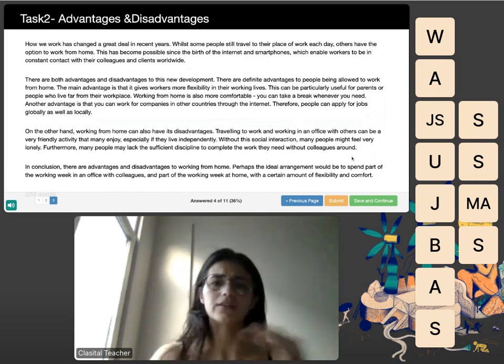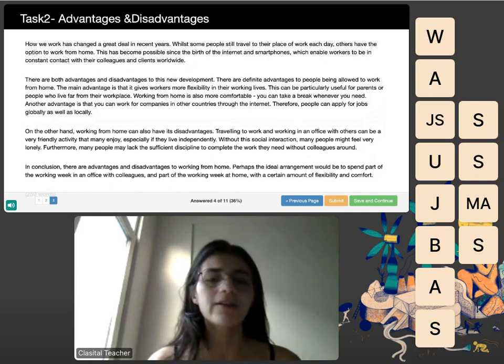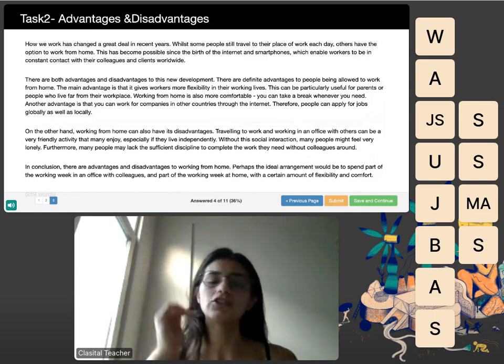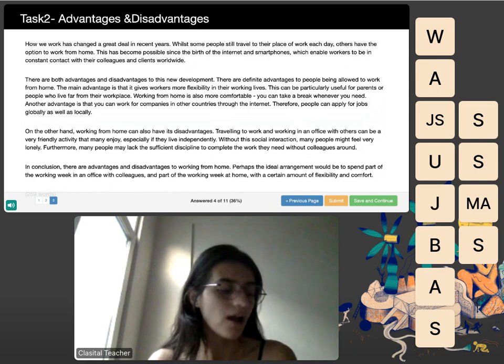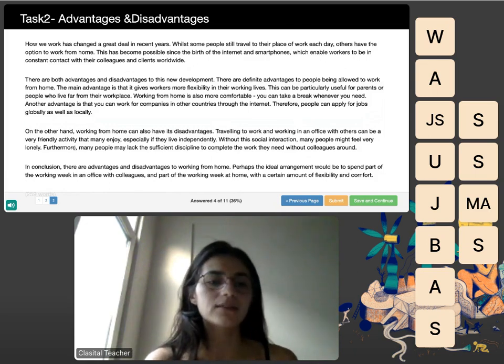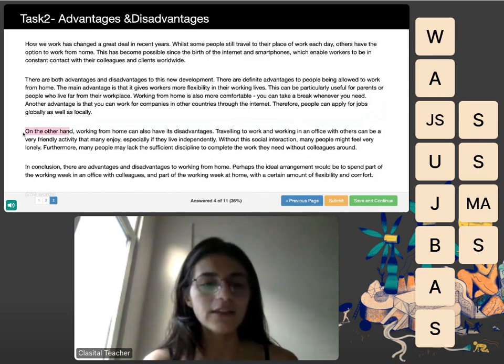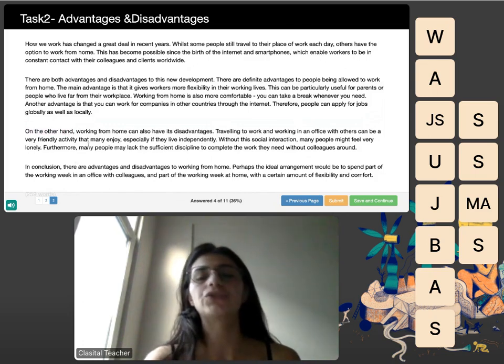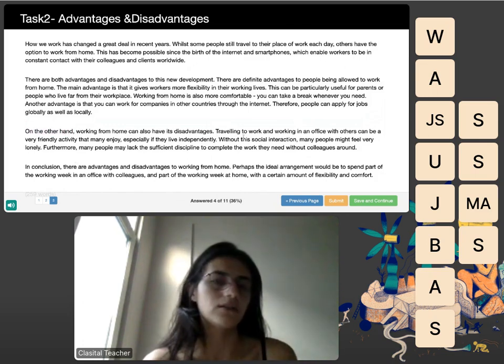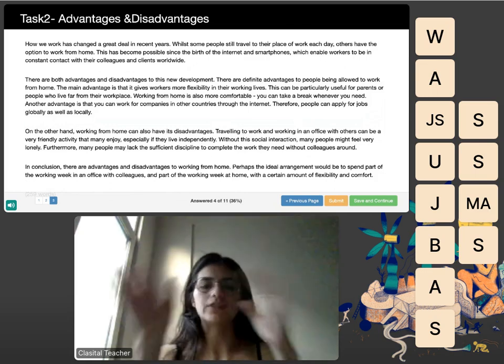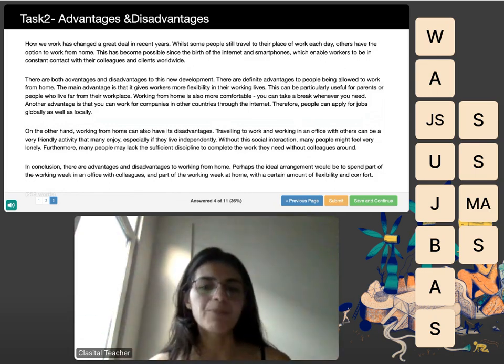So this is a rather shorter paragraph than the first paragraph, but it's still longer than the introduction and the conclusion, so it's okay. And it has the correct linking word because it's moving on to the disadvantages, and it has two disadvantages, so it is good too. So in terms of structure, it works fine. What do you think about the details?